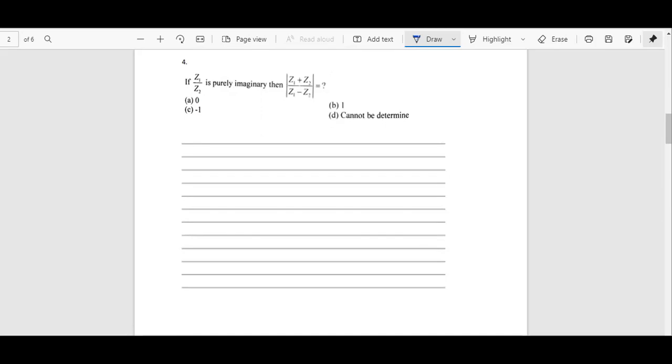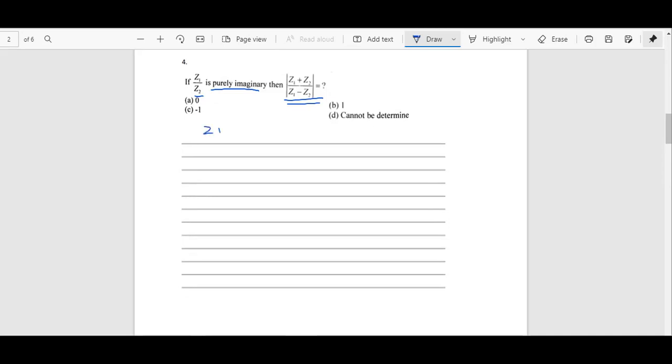The question says, if z1 by z2 is purely imaginary, then find this fraction with mod. What we have been given is that z1 by z2 is purely imaginary, okay? So let's write this English into a mathematical statement.